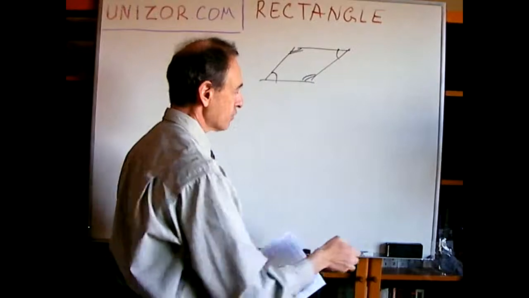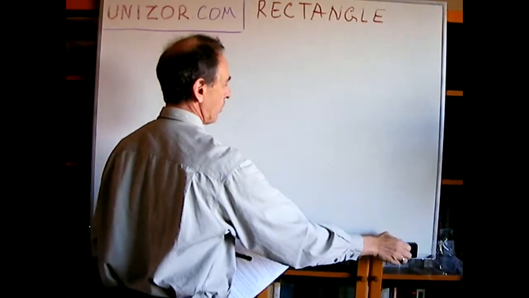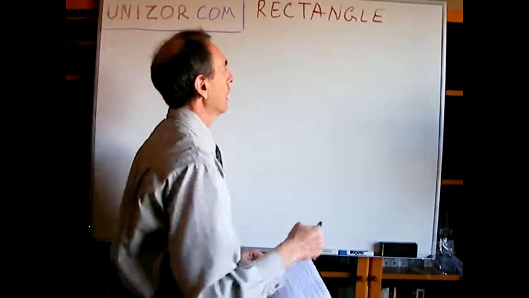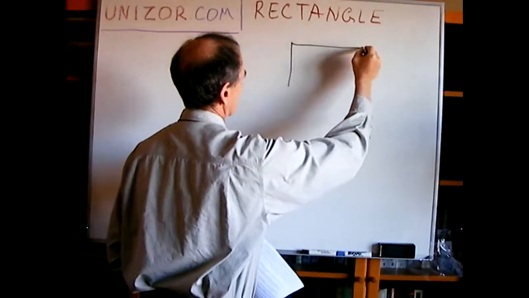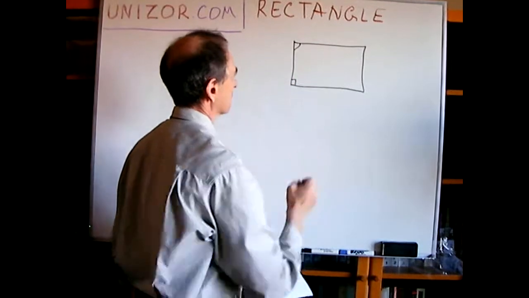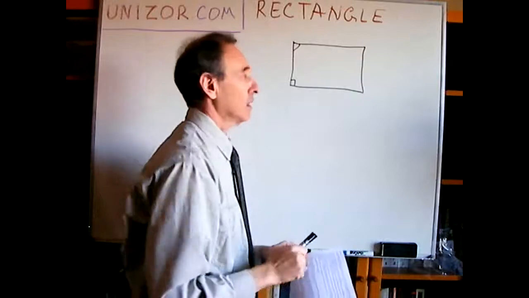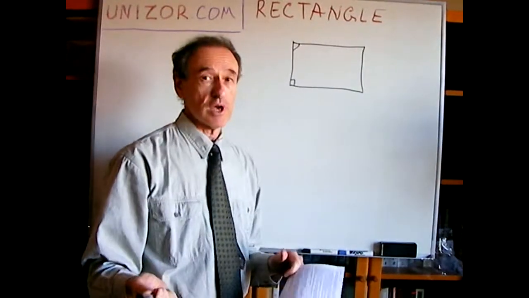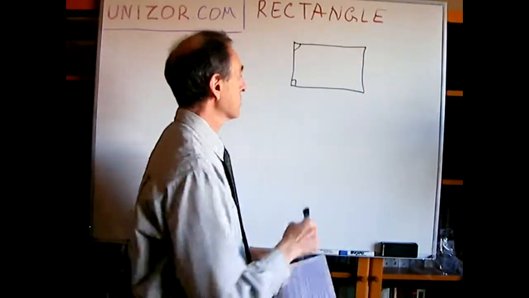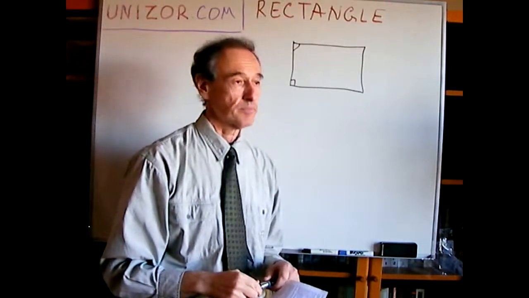If we are talking about rectangle, then all four angles are supposed to be congruent to each other, and since these two angles in a parallelogram are supposed to be supplemental and equal to each other, they are supposed to be equal to 90 degrees, which means they're all right angles. All four of them are right angles.